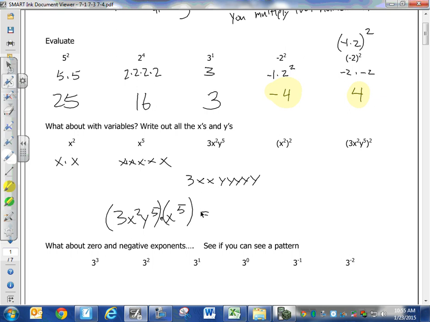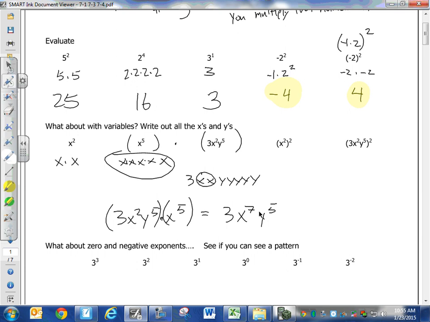Miss Clemens? Would it be the 3x, x, y, y, y, y, y thing times x, x, x, x, x? Yes. No. This would end up being, if I multiplied these two things together, I would take these 5 x's being multiplied and multiplying by these 2 x's, making it 3x to the 7th, y to the 5th.